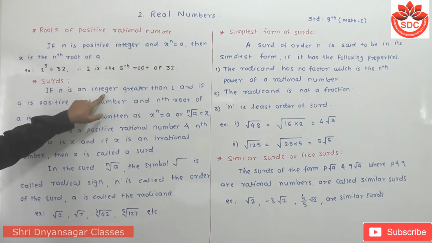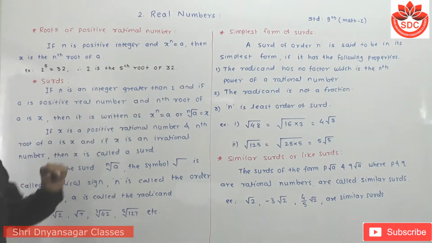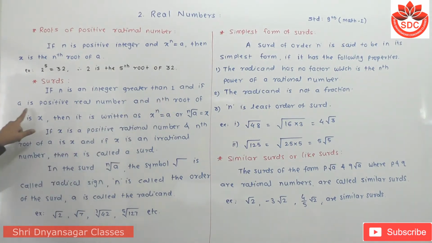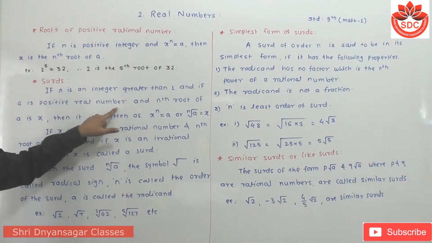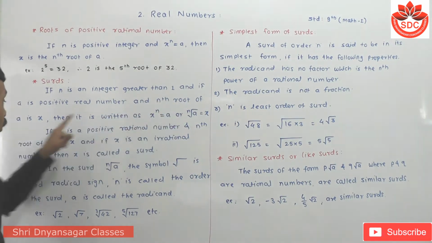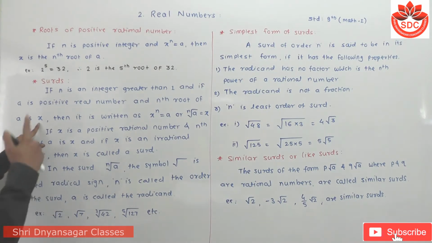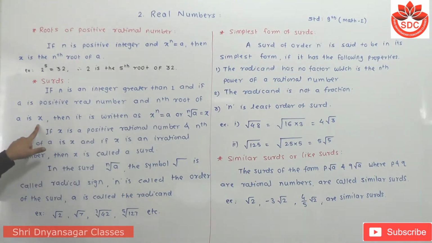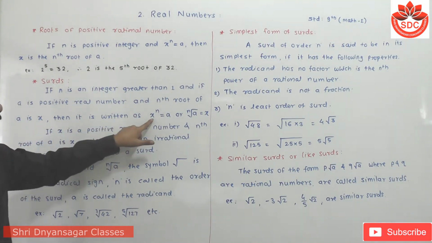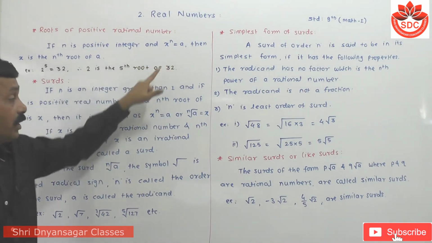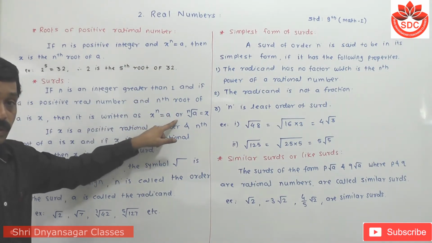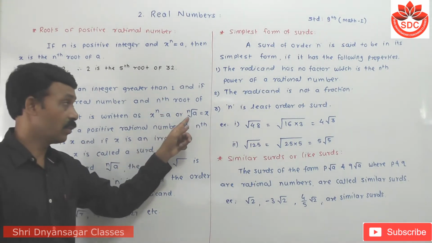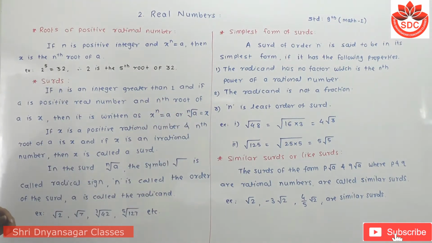If n is an integer greater than 1, n ची व्हॅल्यू always greater than 1 असेल, and if a is a positive real number, a हा पॉझिटिव्ह असेल, and the nth root of a is x, then it is written as x raised to n is equal to a, or the nth root of a is equal to x.